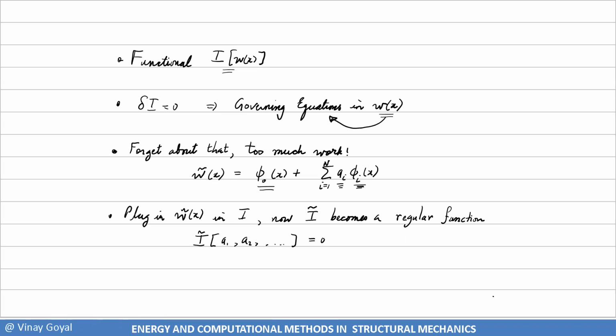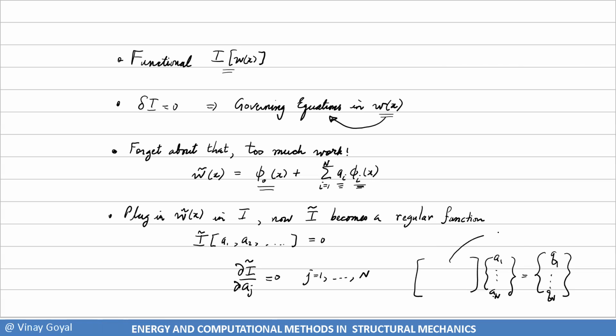To minimize or maximize I, you already know how to do that from calculus. Set each of these derivatives equal to 0. There are n equations, n unknowns. You get a stiffness, some sort of matrix, it doesn't have to be a stiffness. And now you can solve a linear system of equations. Invert this, find the A's.